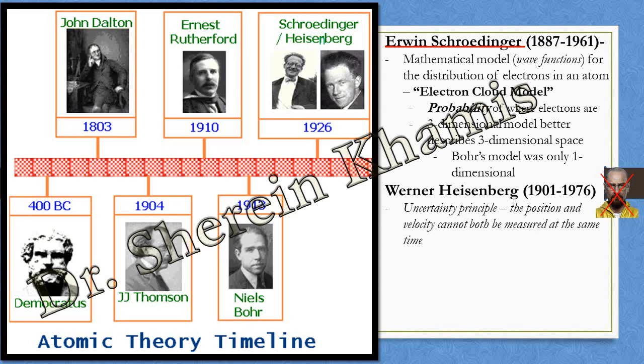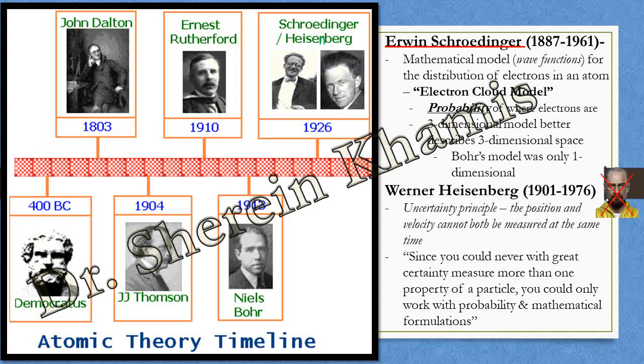Okay, so it mentioned that the position and the velocity of the electron can't both be measured at the same time. I can't measure it. Okay, I don't know where you are. Where are you here? Depending on velocity and the position.